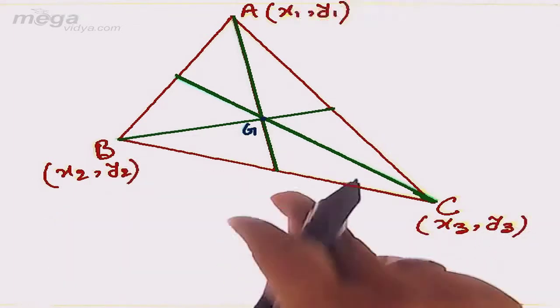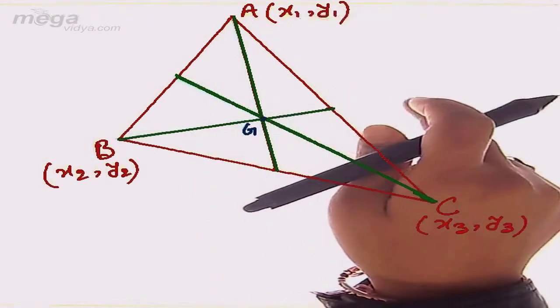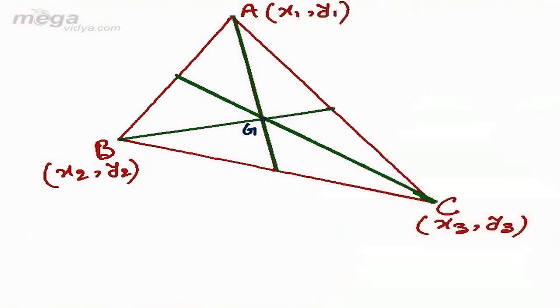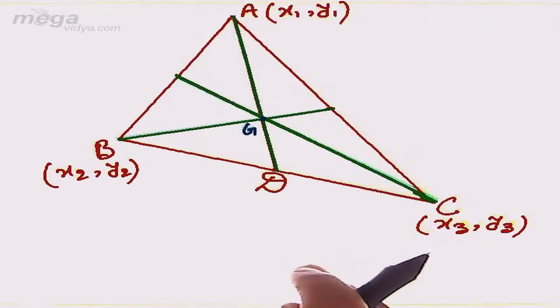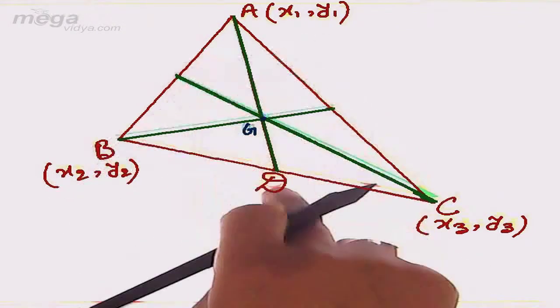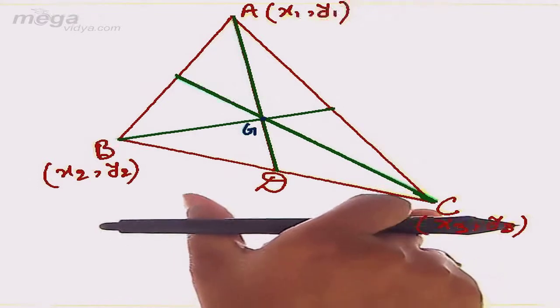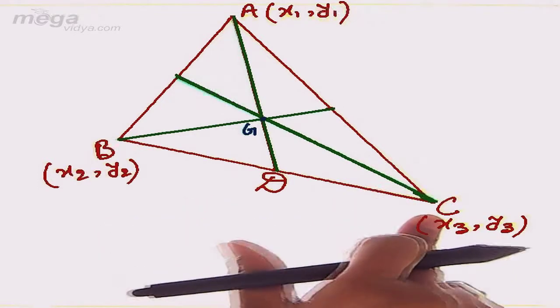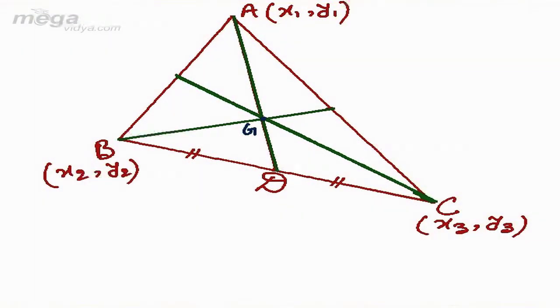According to the definition, the centroid is the point of intersection of the three medians. Suppose this point is D, so AD is a median of the triangle. It means AD divides side BC into two equal halves. So BD is equal to DC.